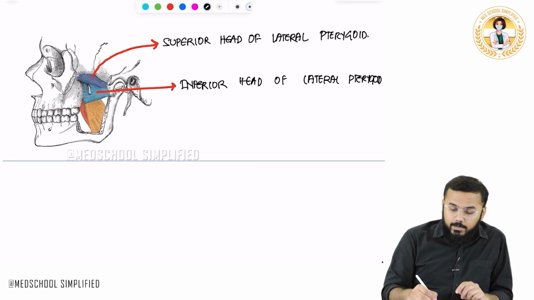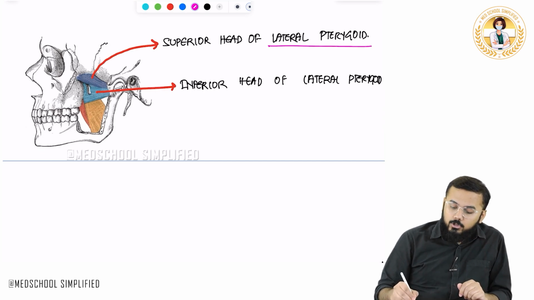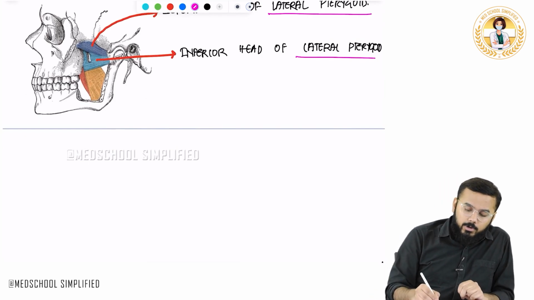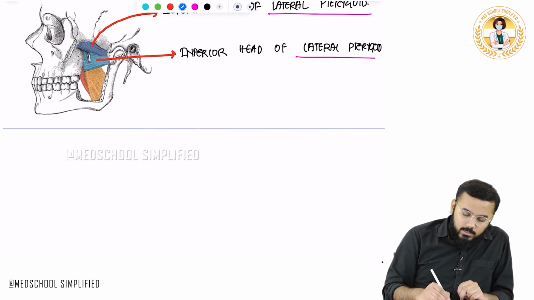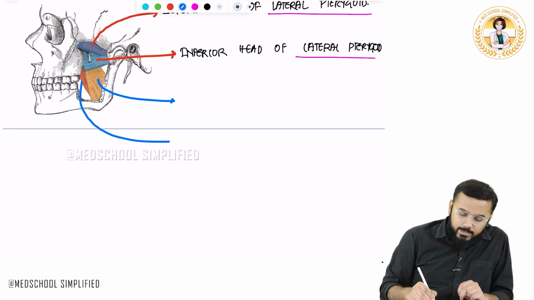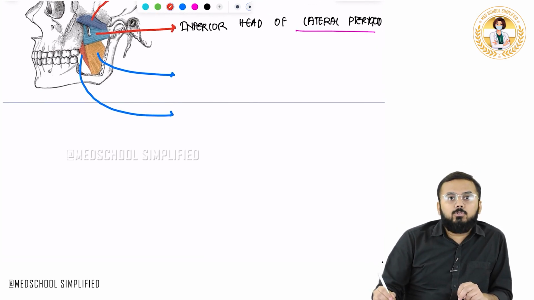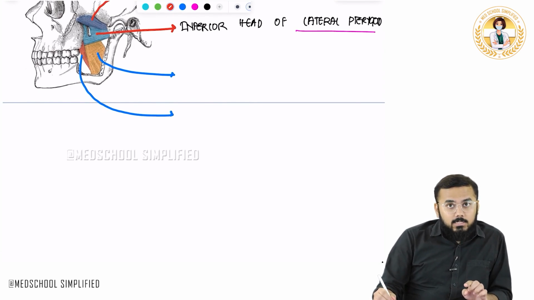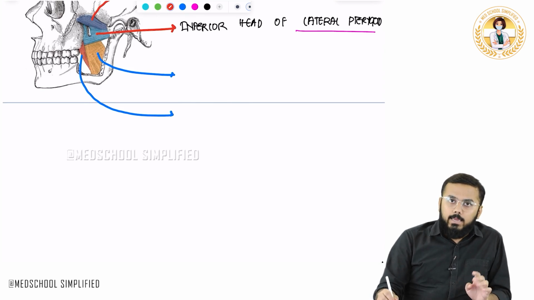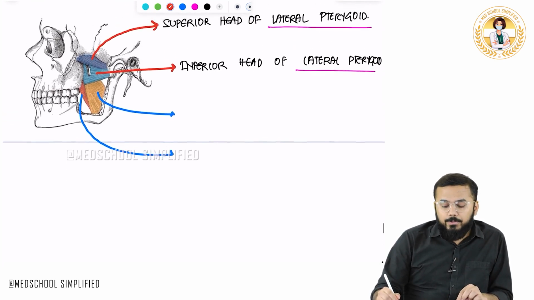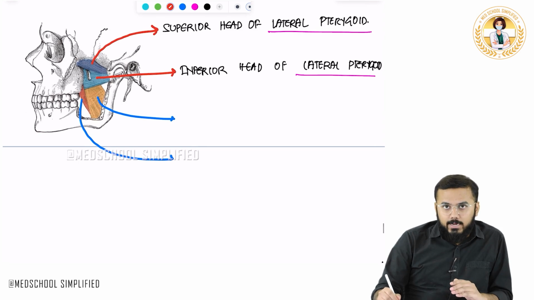Now, when I say lateral pterygoid, there should also be the medial pterygoid. Down here you can concentrate on two important muscles. You can see this particular muscle and this red color muscle as well. These two muscles, the red and the brown, are not lateral pterygoid, but this time they are the medial pterygoid muscles. In the medial pterygoid there is no superior and inferior.